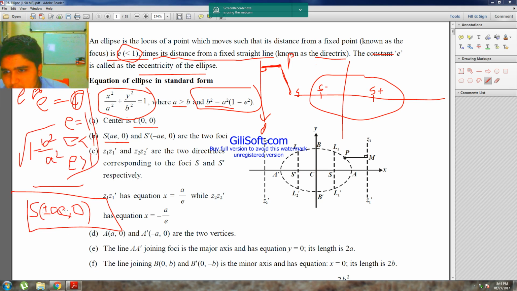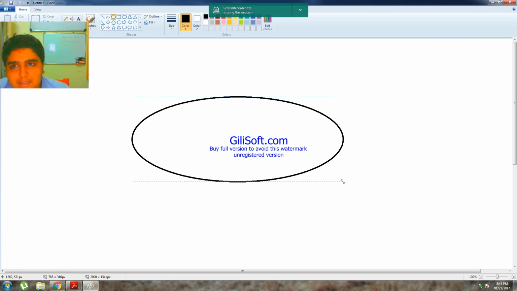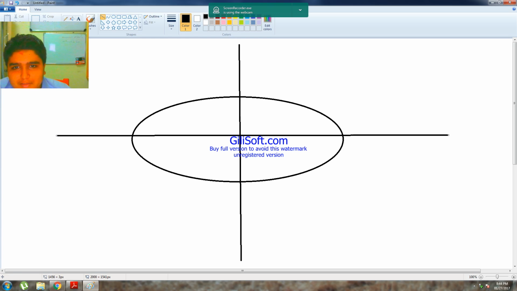Let me again draw it over here somewhere. This is our ellipse. Let us consider the case 1 ellipse, for instance. So you got the y-axis over here, the x-axis over here. So this will be your two directrices. So you got two directrices over here in the case of an ellipse, unlike the parabola. That is the first thing you need to note down.